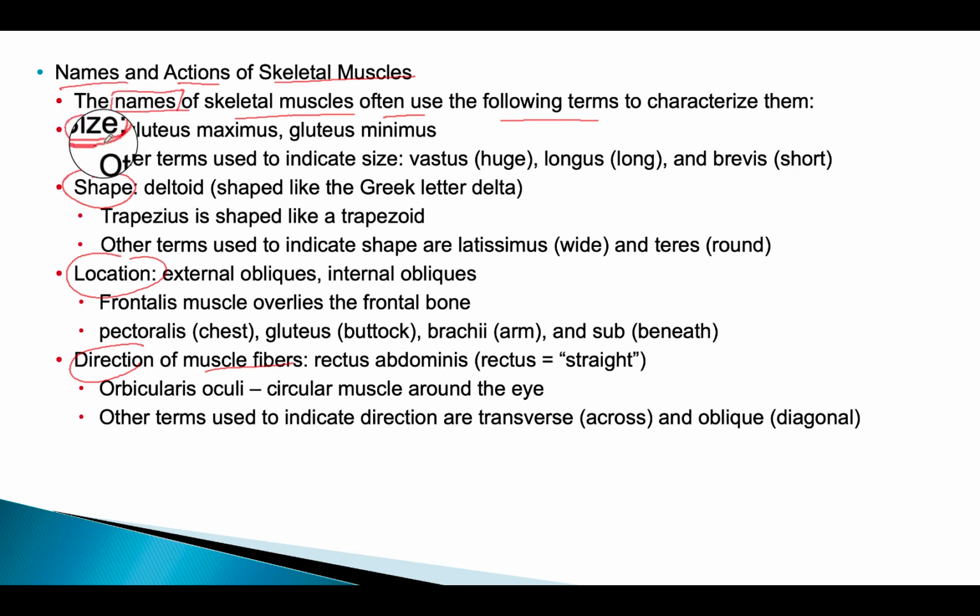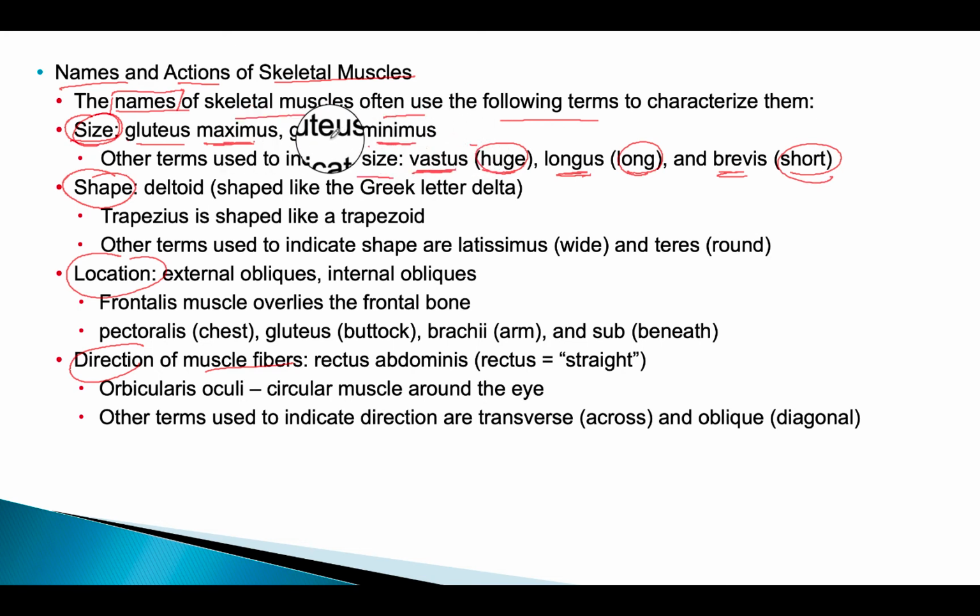Size is going to matter because some of the muscles are going to be big, maximus, and some are going to be small. Other terms used to indicate size: vastus means huge, longus means long, brevis means short. So gluteus maximus, gluteus minimus.